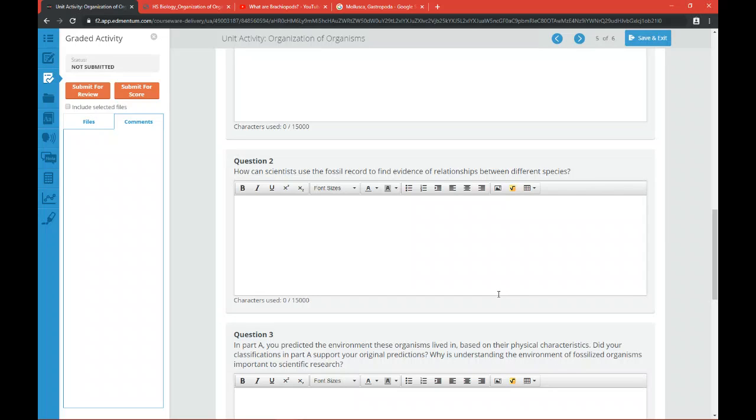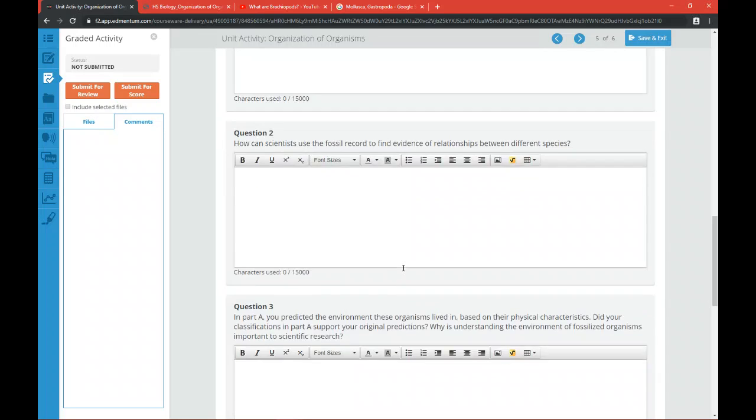So we can use the physical appearance of the fossil and see what they're related to, kind of give up an idea or a prediction on what type of environment they lived in. Now, it might not be 100% accurate, but we can use it to help create the evidence relationships between previous species and current species. So in about 4 to 5 sentences, a short paragraph, explain what I was just talking about and use your own words.